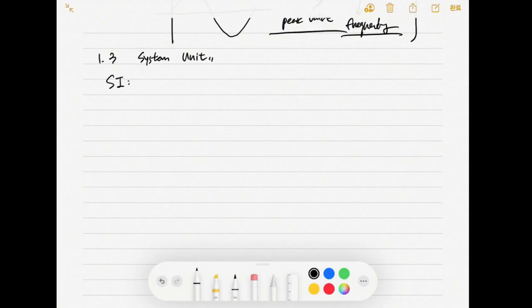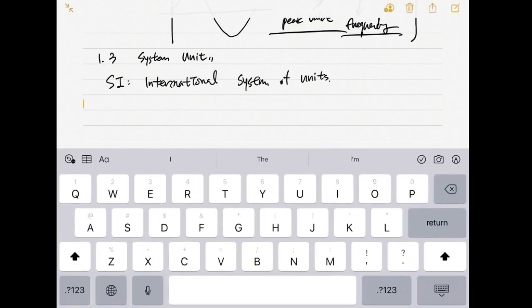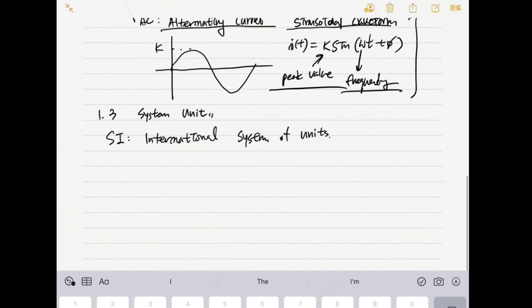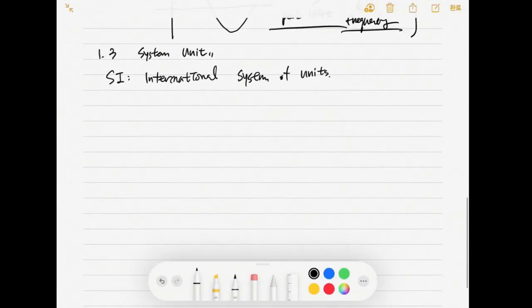We call it the SI, the international system of units. SI has base units.